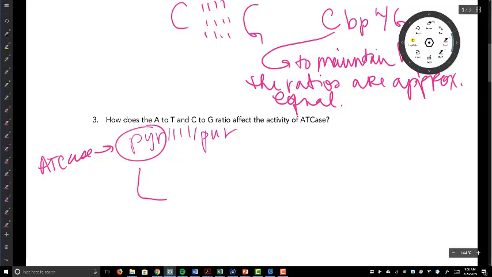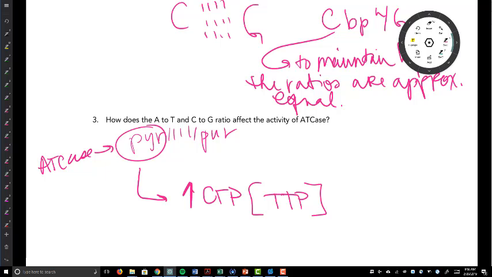So if there's a high concentration of CTP hanging around in the cell, and by extension TTP, if we're assuming we're talking about DNA, not RNA, this means that if the cell is synthesizing DNA and there's excess CTP hanging out, there's more CTP than GTP, and by extension more TTP than ATP, because they're not getting paired into the DNA.